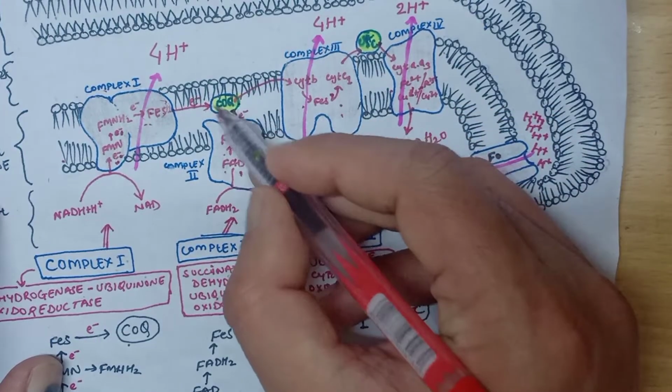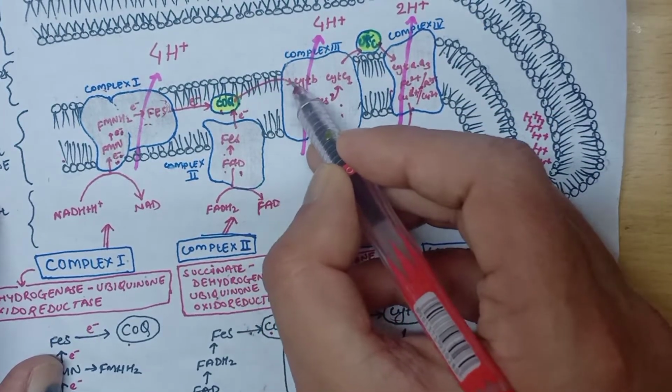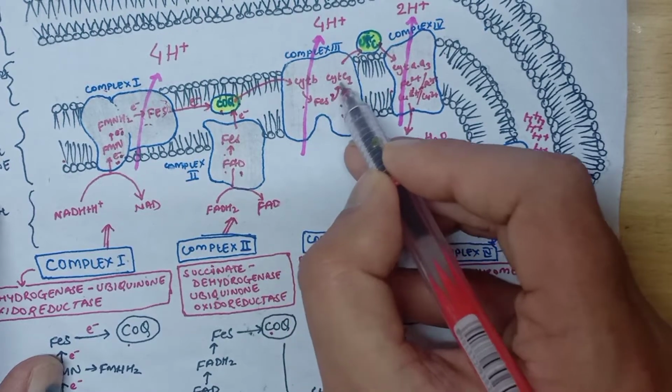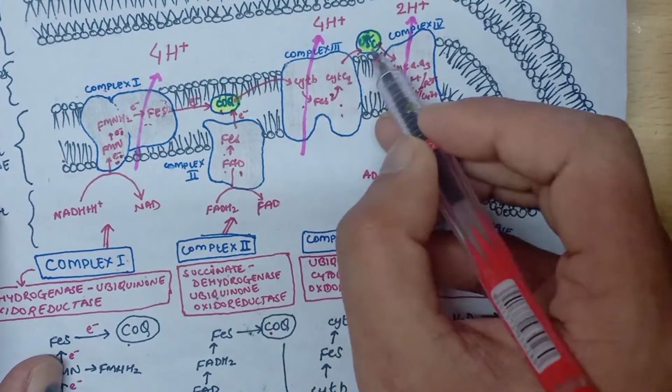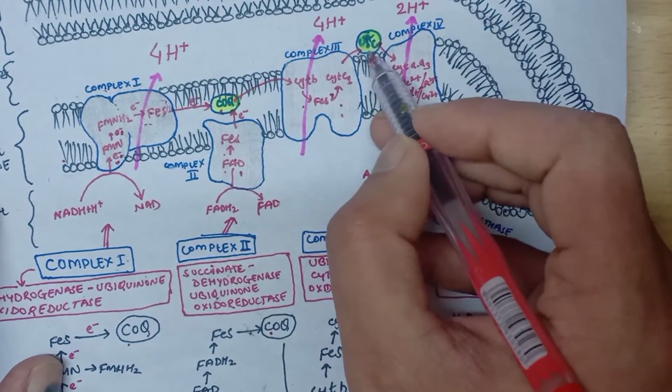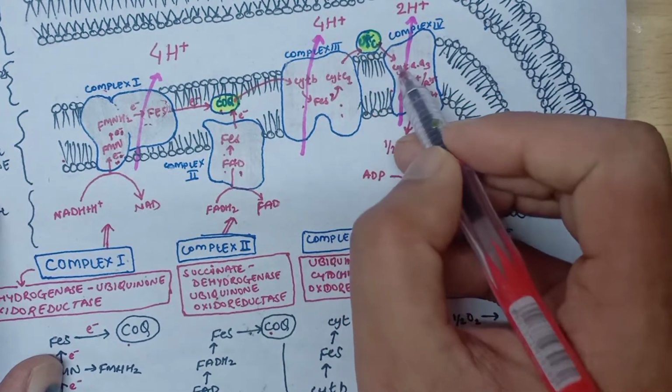So coenzyme Q will transfer the electron to cytochrome B, then to iron sulfur protein, then to cytochrome C1, and then to cytochrome C. And this cytochrome C will now transfer the electron to complex 4.